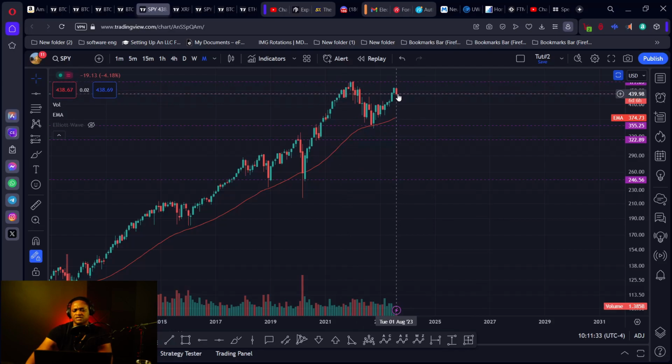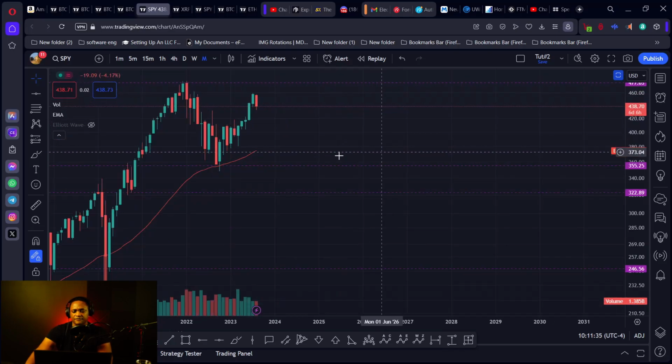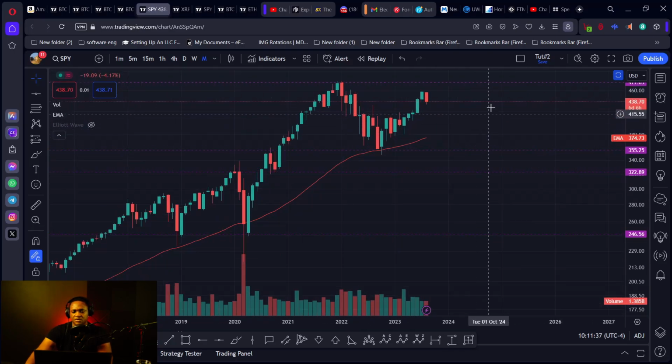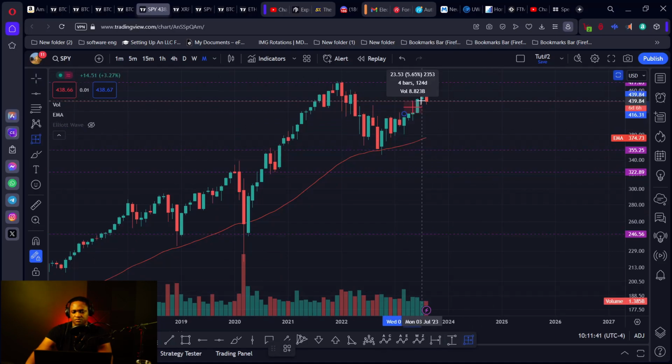So we are here, and we've had a total of 4 months in which the market has been going up. When I look at this, even though there's a lot of noise out there, we are in end of August 2023.